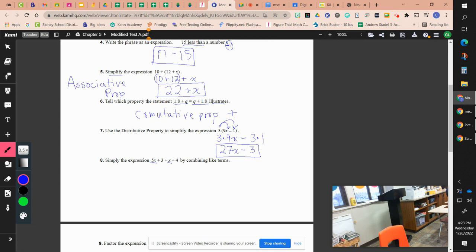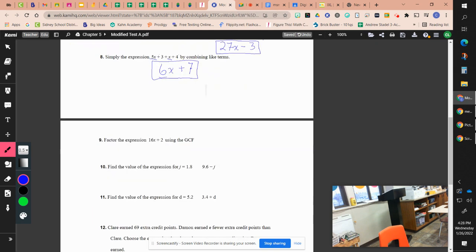So if you have 5x plus x, which means 1x, you end up with 6x because there are adding symbols, right? And then we have adding symbols by the 3 and the 4, the two constants in this expression. And so 3 add 4 is 7, okay? So there is my answer for that one. Now, since I don't know the variable's value, I can't solve it any further than that.